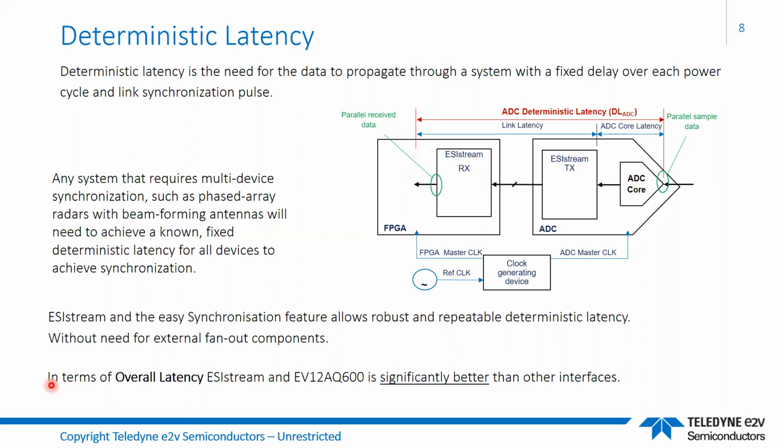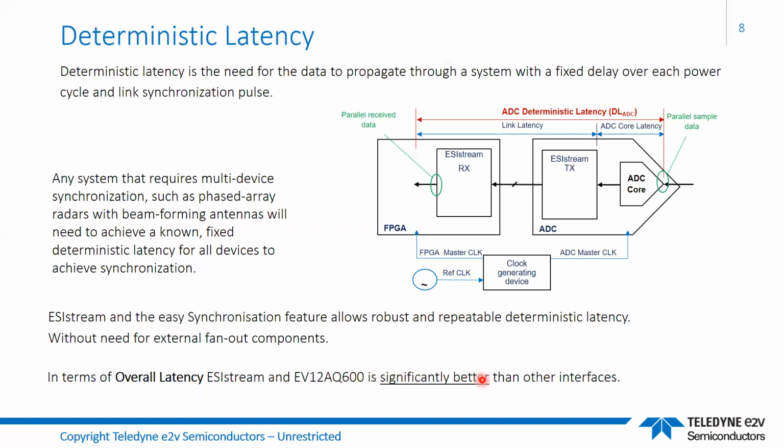In terms of overall latency, our ADCs have an architecture that has a very short latency, and it's one of the additional features of EasyStream that even by adding a serial interface onto that ADC, we don't impact the latency too much.